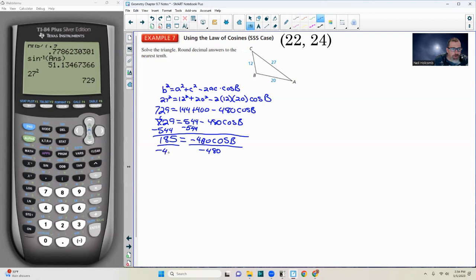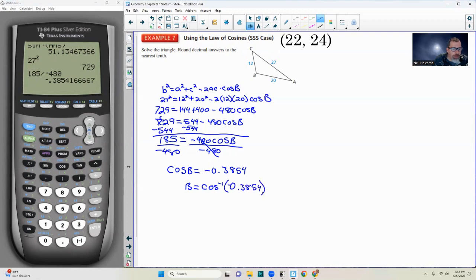Divide by negative 480. These cancel, and I'm going to get cosine B equals 185 divided by negative 480. Enter, and I get a negative 0.385. To get B, we move the cosine to the other side, and it's cosine inverse of negative 0.3854.